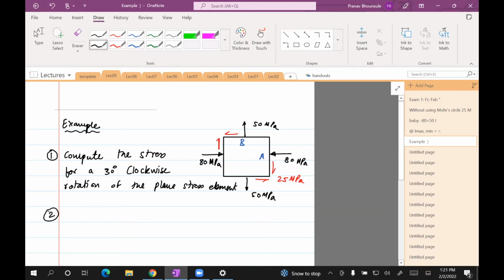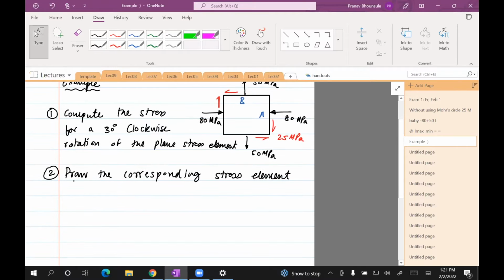And then the second question is draw the corresponding stress element. So when I say draw the stress element, you need to rotate it by 30 degrees clockwise, and you also need to show the stresses, including direction.